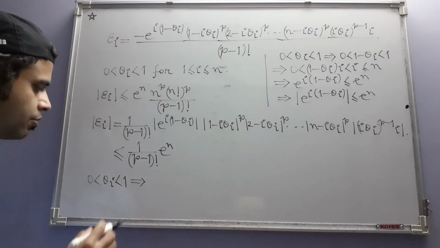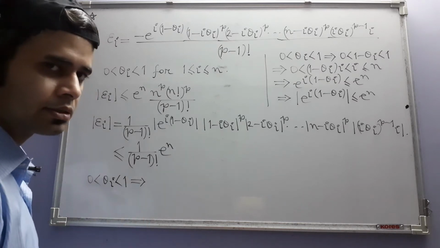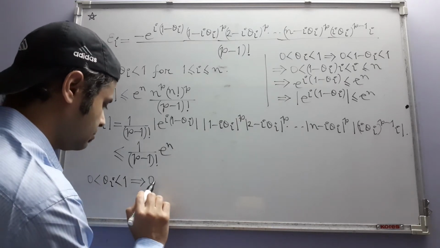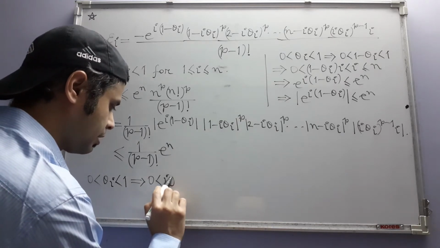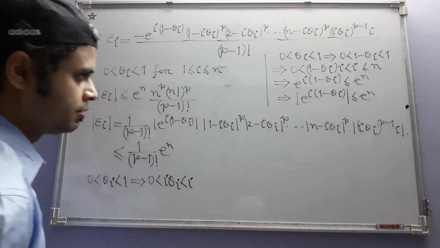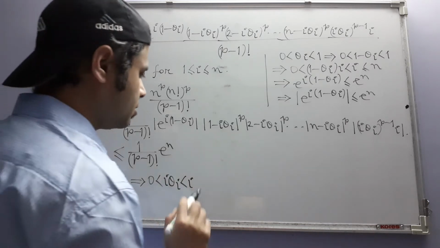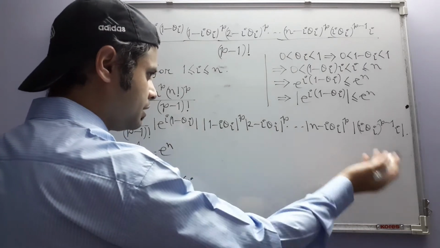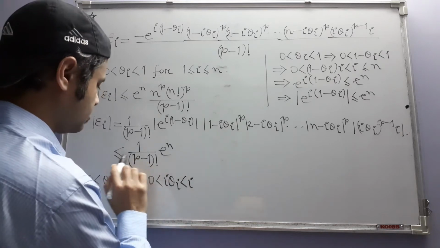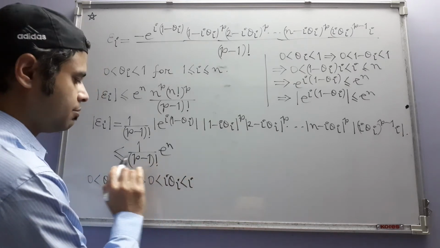Now instead of going to 1 minus theta i, you just multiply here itself throughout by i. That gives you i theta i less than i. So if you replace i theta i with i, then that means you are writing more. So it's okay with this inequality.